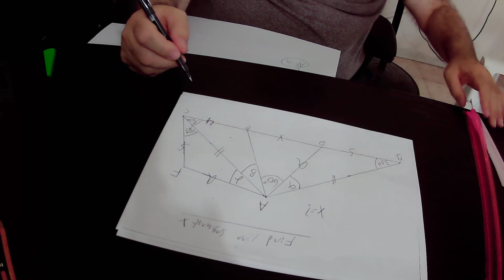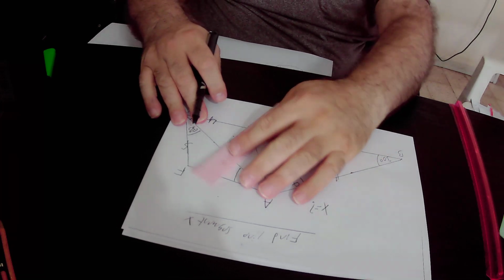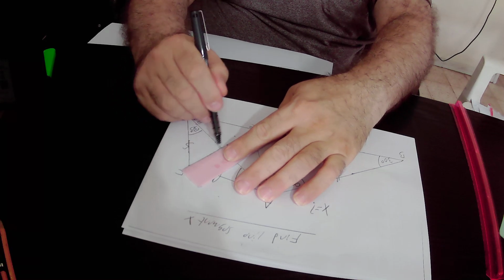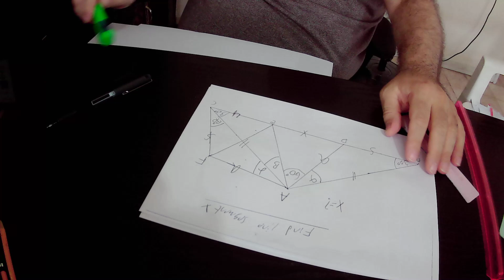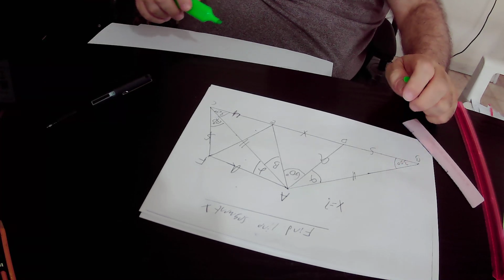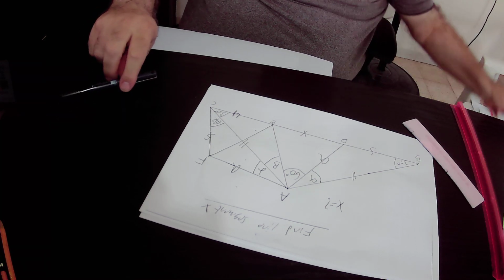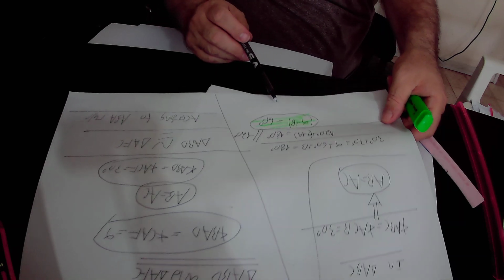In the next step, we'll join points E and F together by a straight line. And before that, according to what we have already found out, alpha plus beta equals 60 degrees.